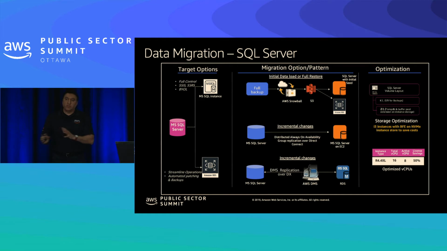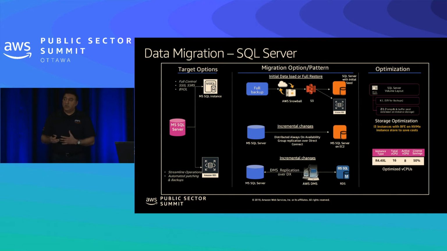Now, since SQL Server is very memory hungry for larger databases, in AWS, you used to have to pick an instance with a higher memory footprint, but along with it came the matching vCPUs. So in this case, it's R4 4XL, which is 16 vCPUs and a lot of memory.